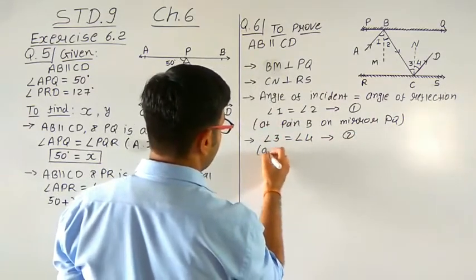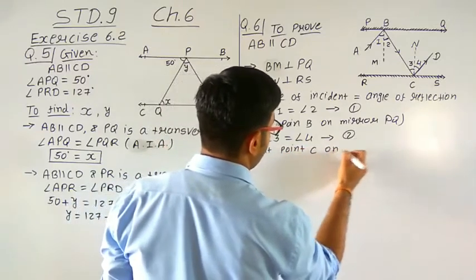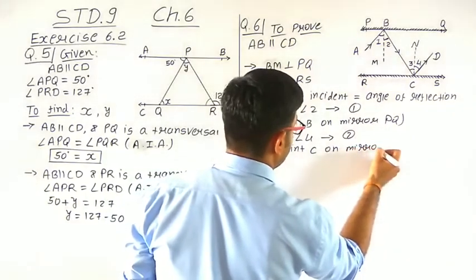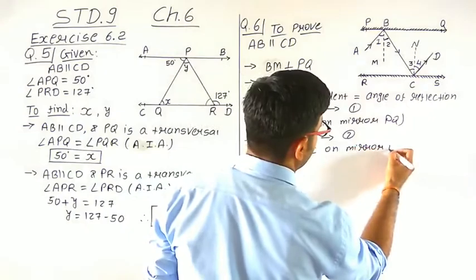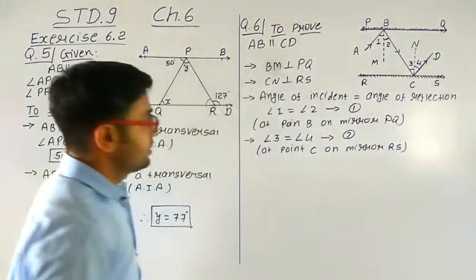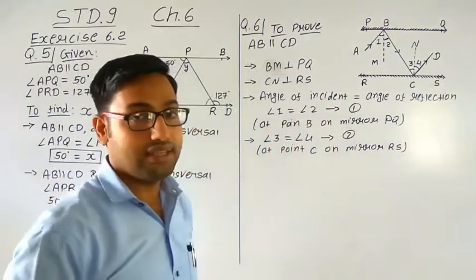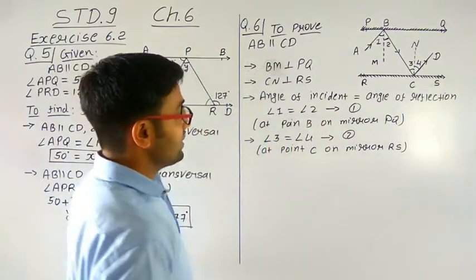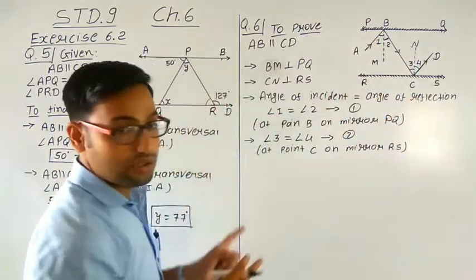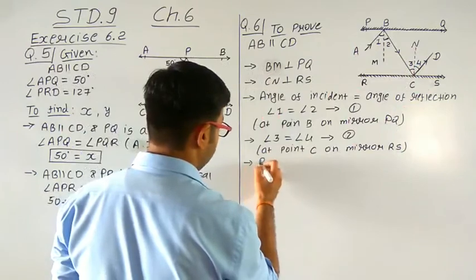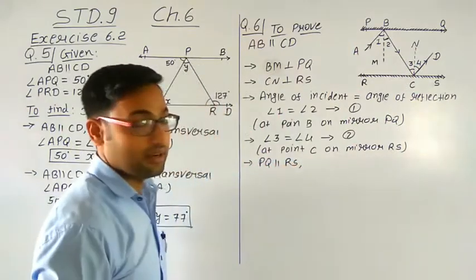This is at point C on the mirror RS. See, now we have two equations, in which angle 1 is equal to 2 and 3 is equal to 4. Now, as we know, both PQ and RS are parallel to each other.